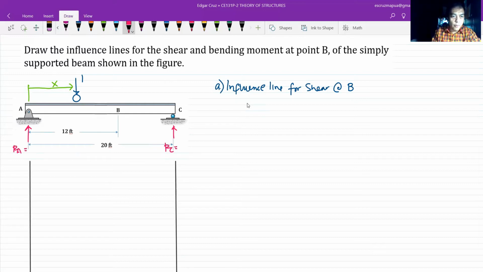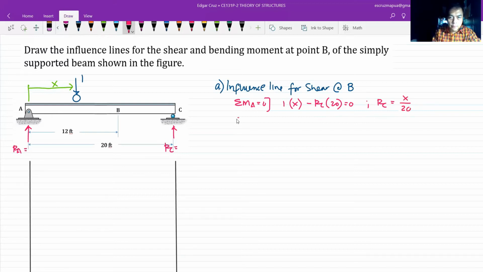Again, if we sum moment at A equal to 0, that would be 1 times x minus RC times 20 equals 0. Therefore, RC would be equal to x over 20.